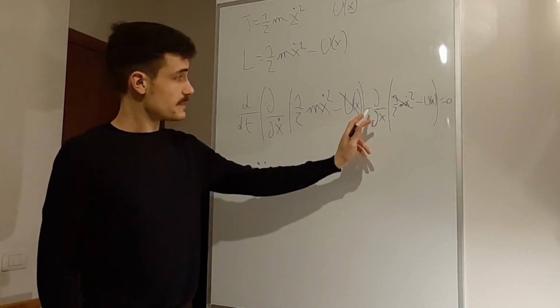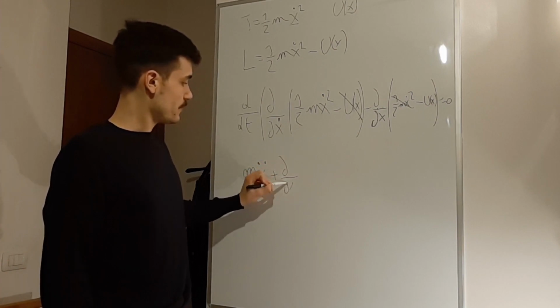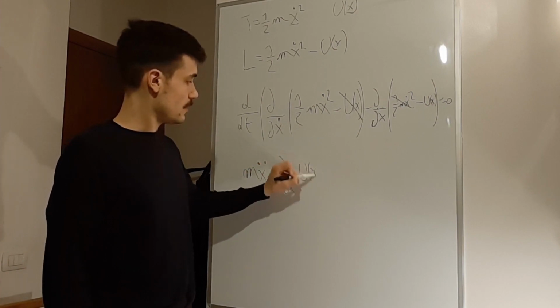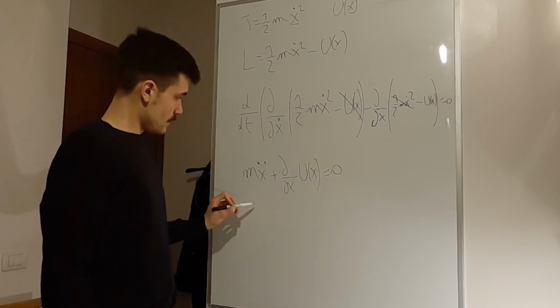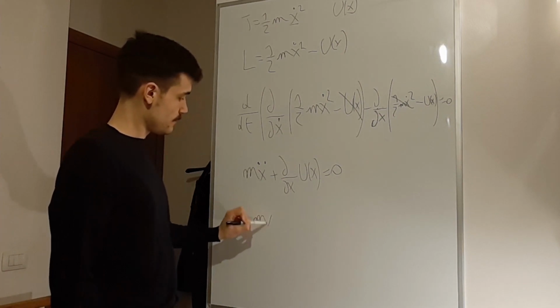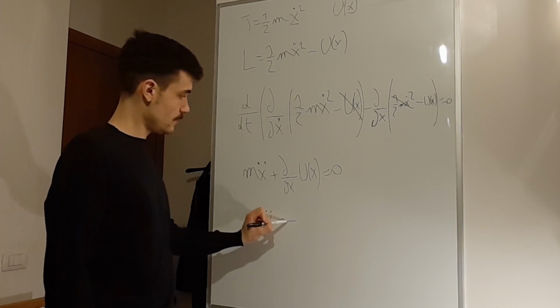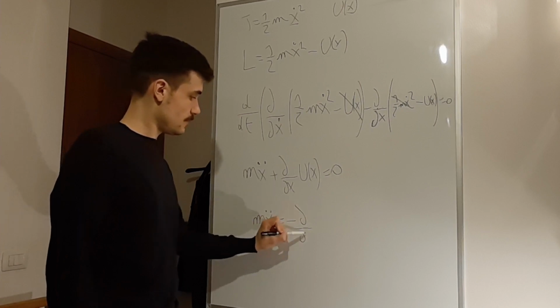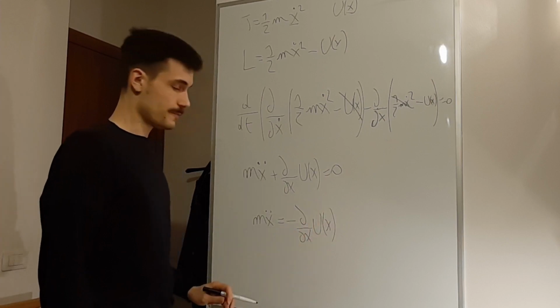Here it is simply minus and minus is plus, and then the derivative with respect to position of our potential energy stays. By putting this on the other side of the equal sign, what we get is m x double dot is equal to minus the derivative in space of the potential energy.